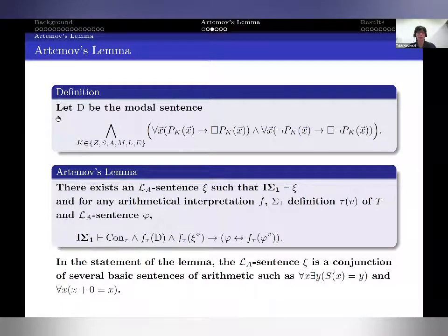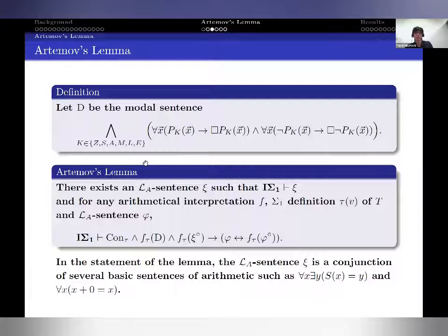And let D be the modal formula which says that for each k in this set, p_k and the negation of p_k is complete when we read box as the provability.